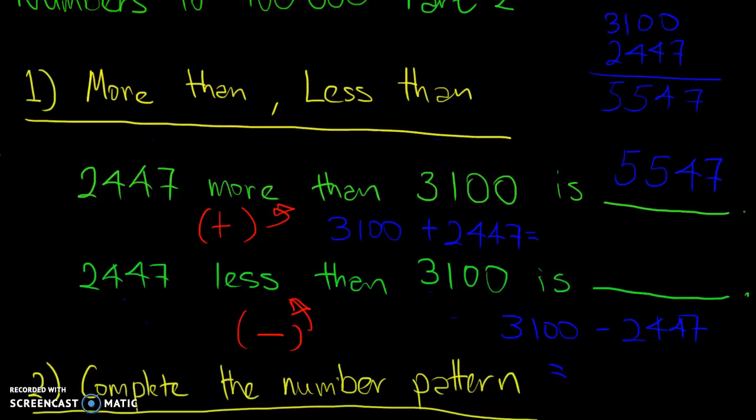Maybe I'll do it here. 3100 minus 2477 should get me... 10 minus 7 is 3. 9 minus 7 is 2. 0 minus 4, I will borrow from here. This should give me 10. 10 minus 4 is 6. And 2 minus 2 is... so you get 623.